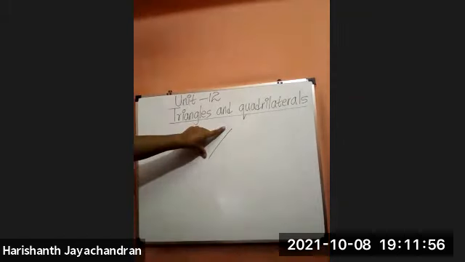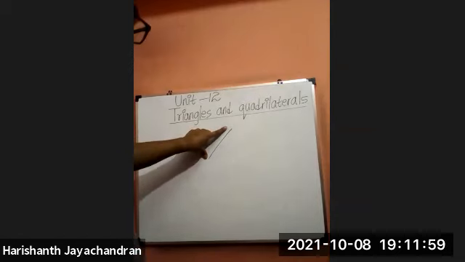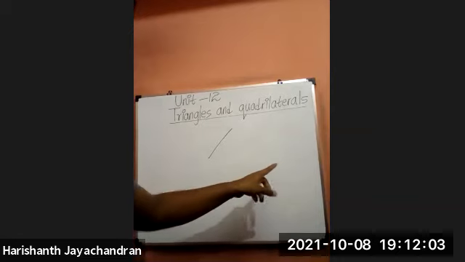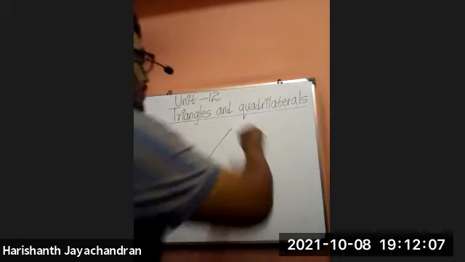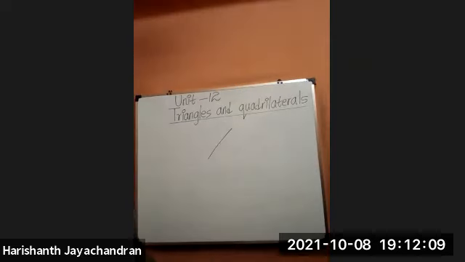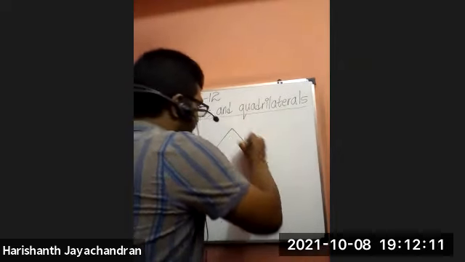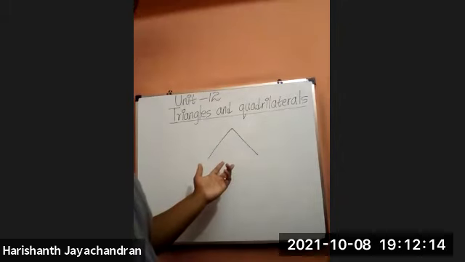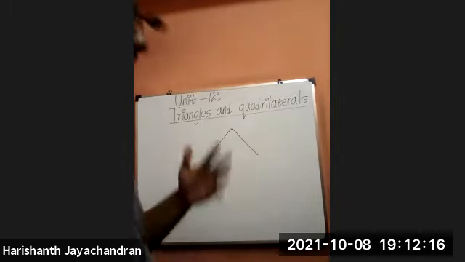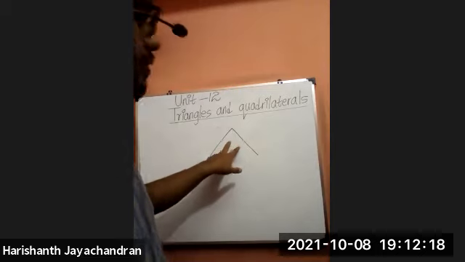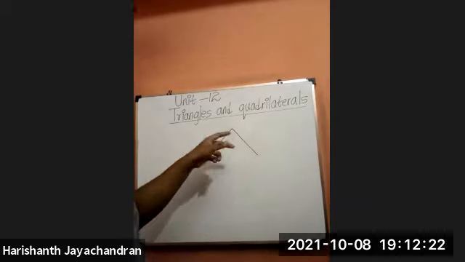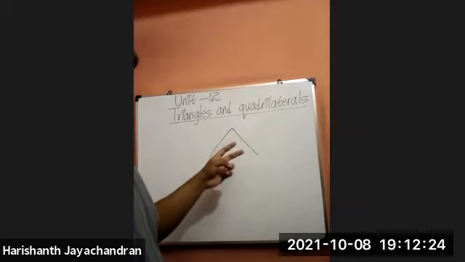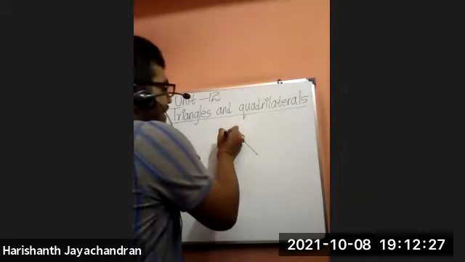By only having a straight line segment, will I be able to form a closed 2D plane figure? No, right? Even if I have two straight line segments and I join them in this way, will I be able to form a closed 2D figure? No, right? By using two straight line segments, you can only indicate the angle.